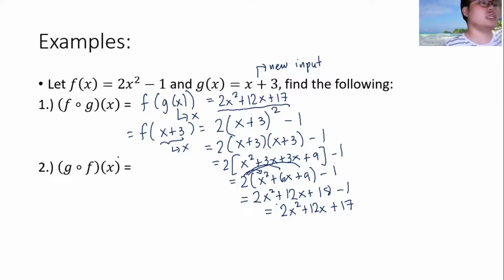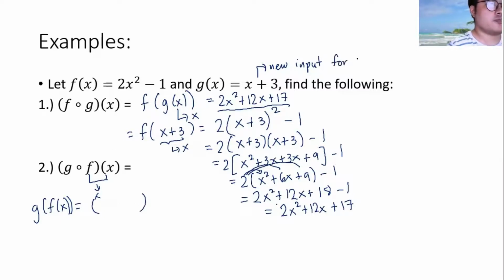Here, your f of x will be the new input. This will be g of f of x. You're going to use this function. Instead of writing x, this is your new input for number 2.